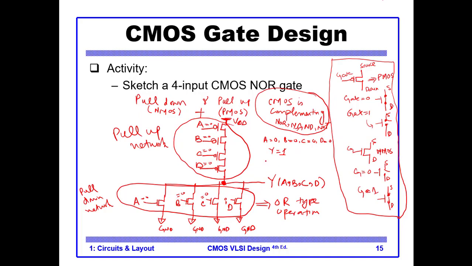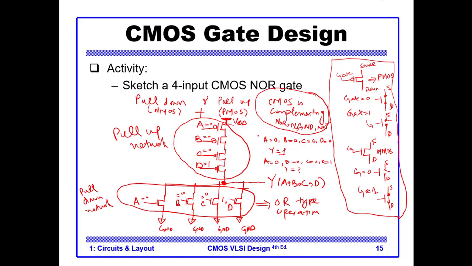So in a similar manner, we can find what is the output if A is 0, B is 0, C is 0, and D is 1. Okay, for this, what is our output? So now in this case, D is 1.